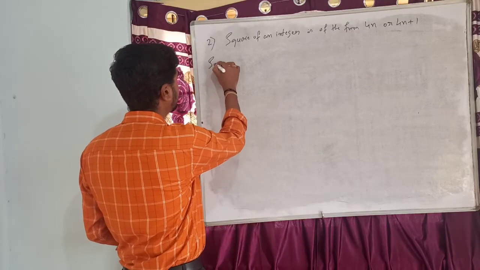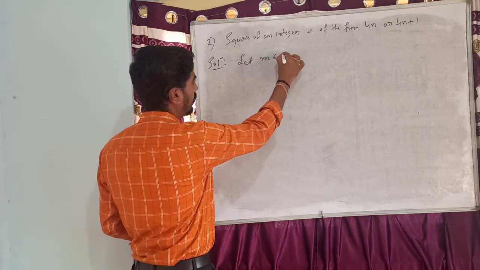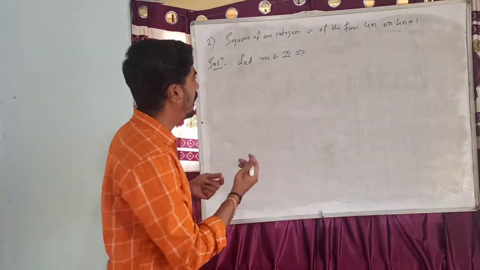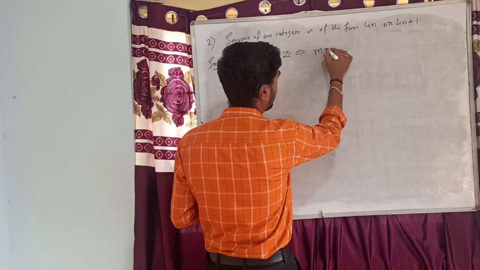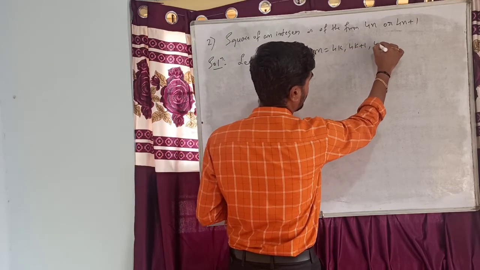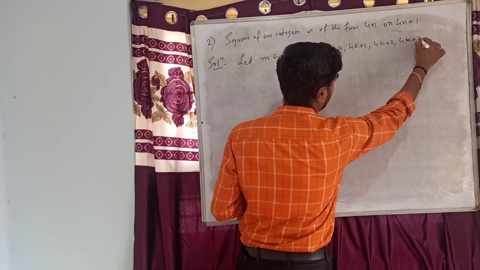First, let me consider an integer m. Then by division algorithm, m is of the form 4k, 4k plus 1, 4k plus 2 or 4k plus 3.